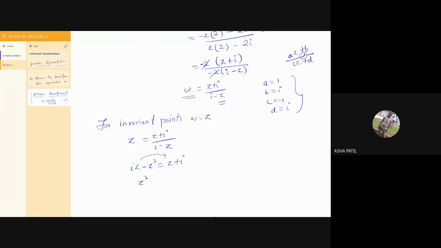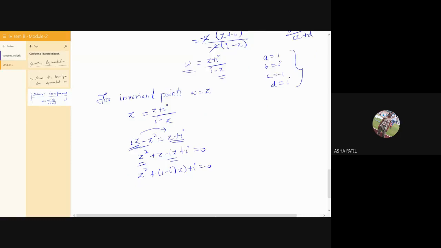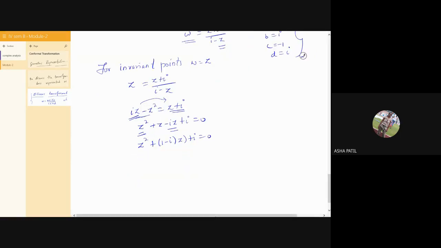Taking these terms to the other side, Z square plus Z minus iZ plus i equal to 0. So it is Z square plus (1 minus i) into Z plus i equal to 0. It's a quadratic equation. You have to solve this quadratic equation to get the invariant points.